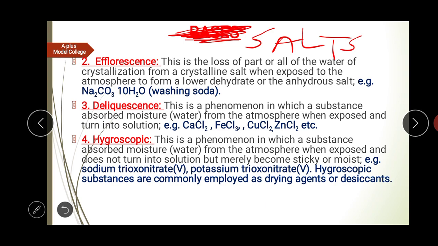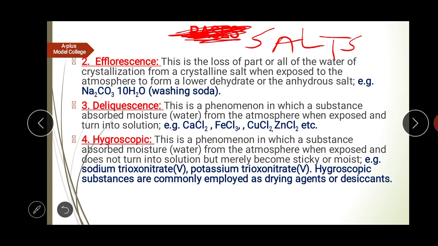So these are examples of deliquescent salts. They are said to be deliquescent because they undergo deliquescence. I think you understand the difference between the two. Deliquescent salts are the salts that undergo deliquescence.